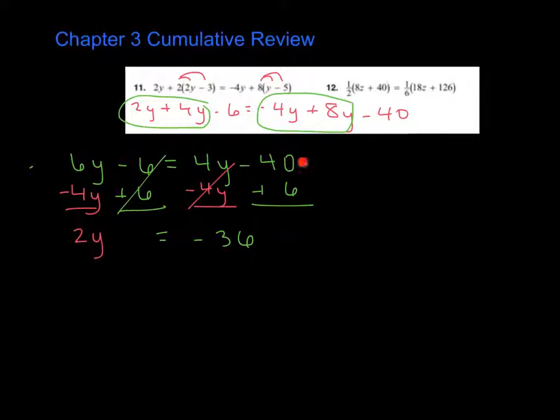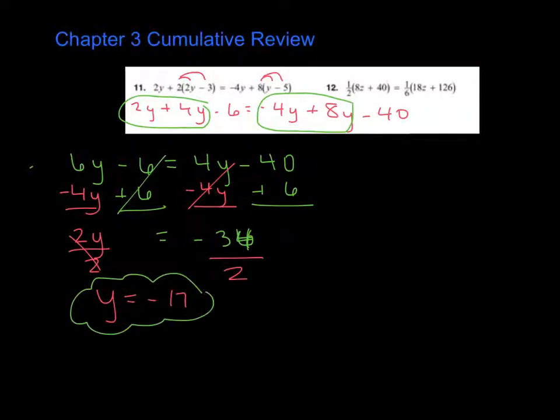And negative 40 plus 6, well, geez, maybe I should have used my calculator, is not negative 36, it's negative 34. Let's try that. Then the next step is to divide by 2, because that's the opposite of multiplying by 2, and that will give you that y would be equal to negative 17.